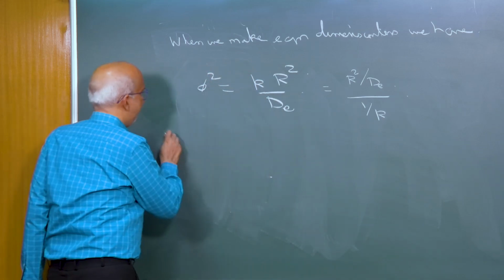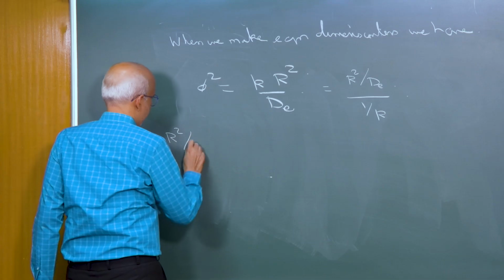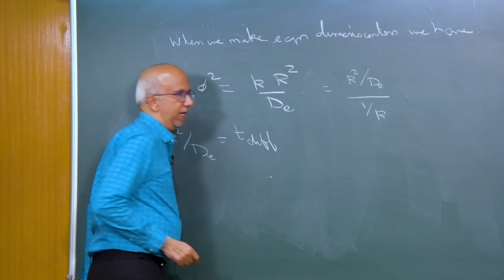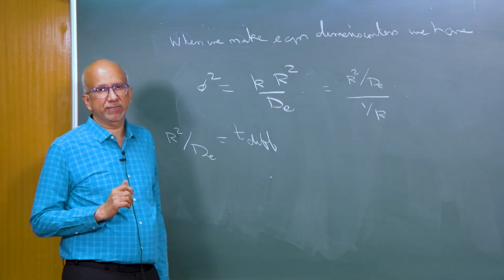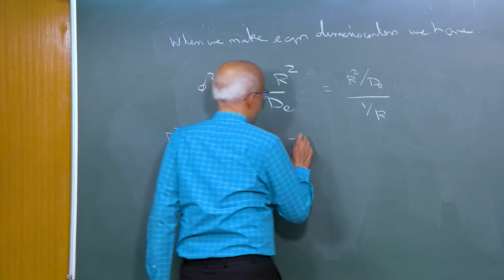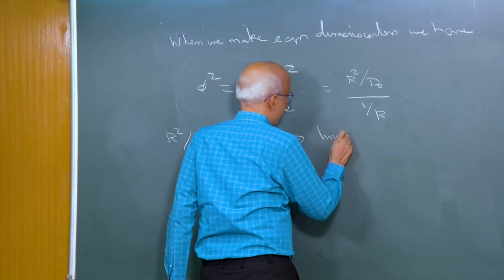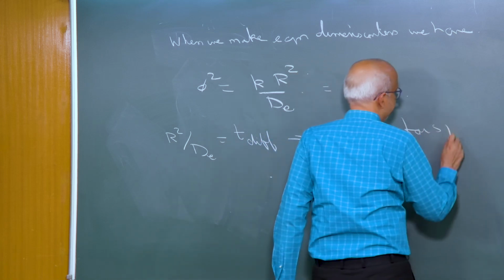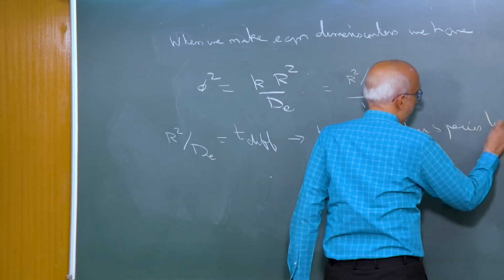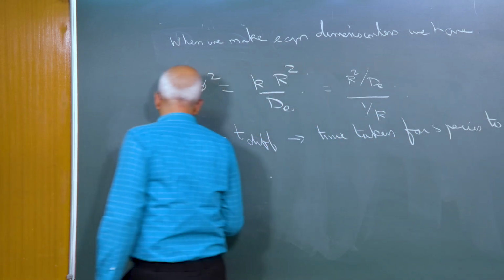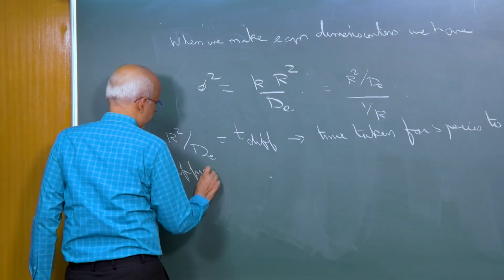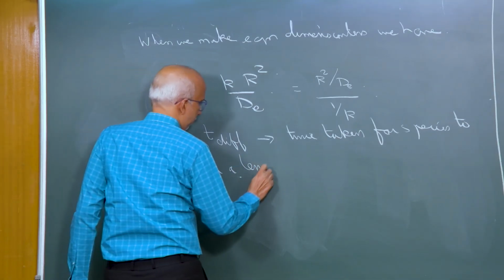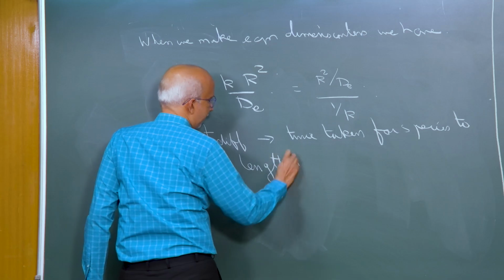Now r square by dE I define as T diffusion, a diffusive time scale, and this basically tells you the time taken for species to diffuse over a length r.